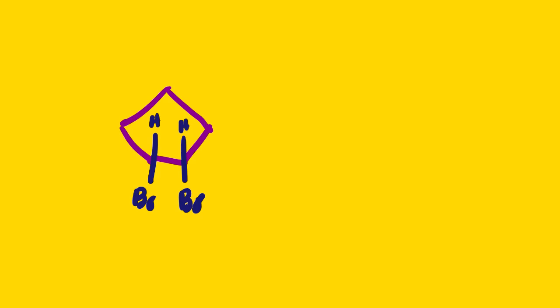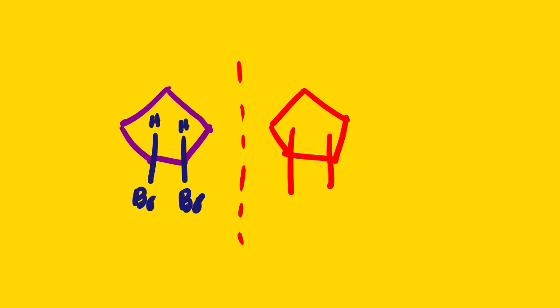If we put a mirror here, then looking at the mirror image of this, we are going to have the same identical molecule. So this is definitely not a chiral molecule, it is achiral.